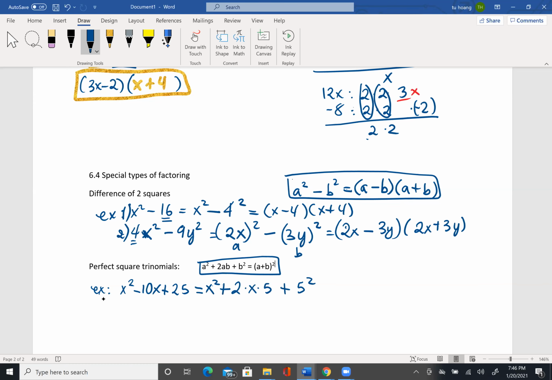I'm going to say plus 2 times x times negative 5. This should be negative 5 squared, right? So you're going to have x minus 5 squared. Here is a and here is b. See that? That's going to be it.